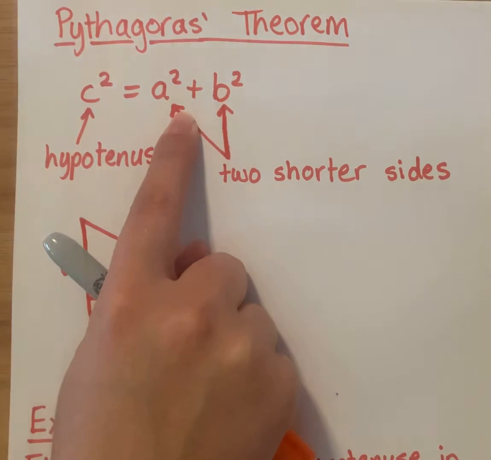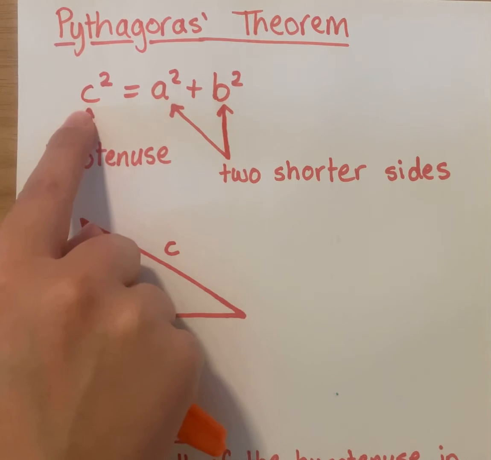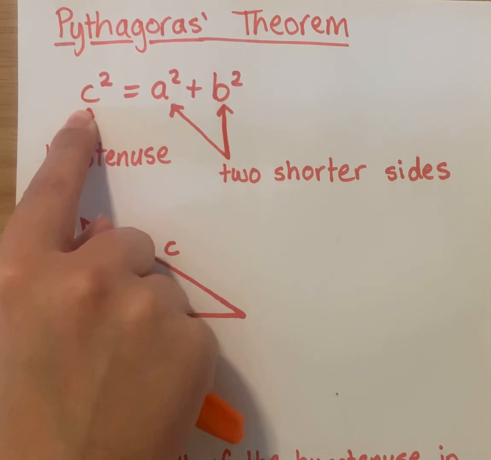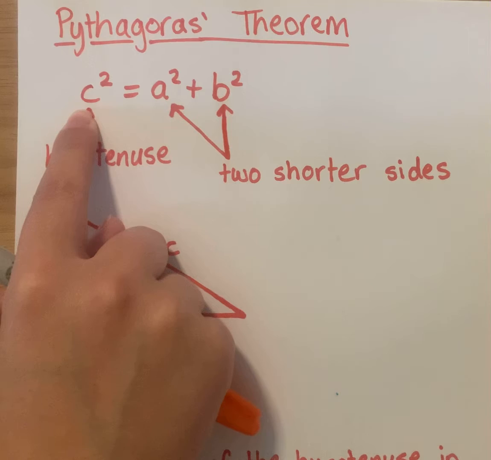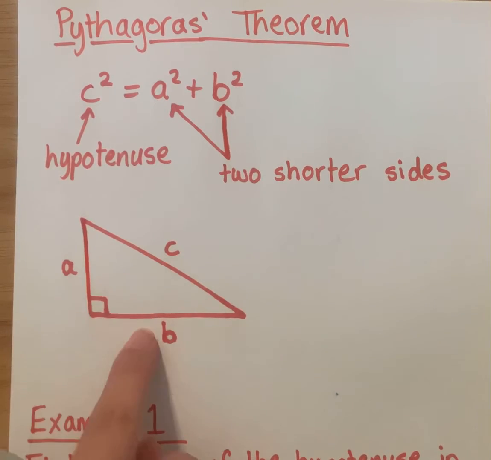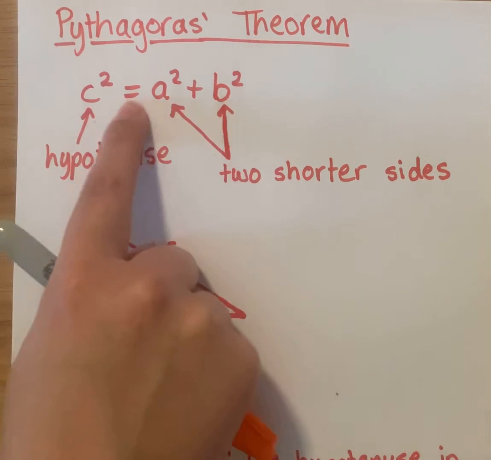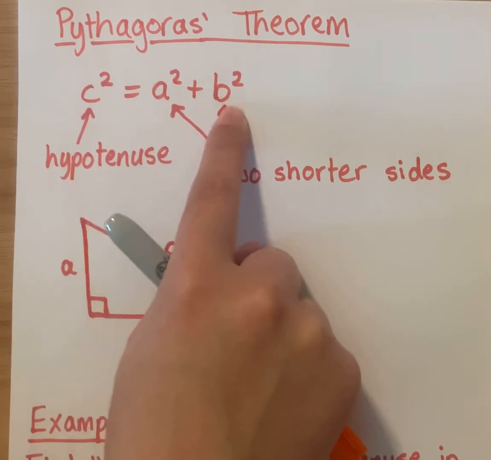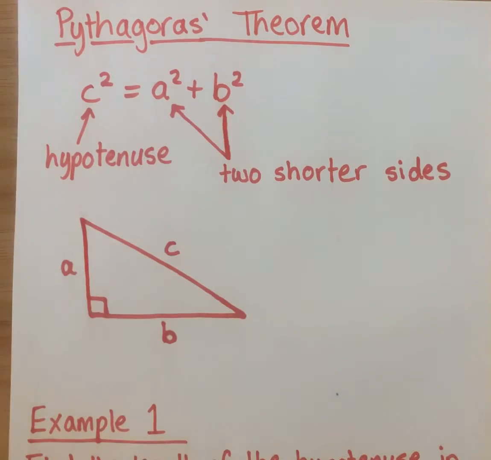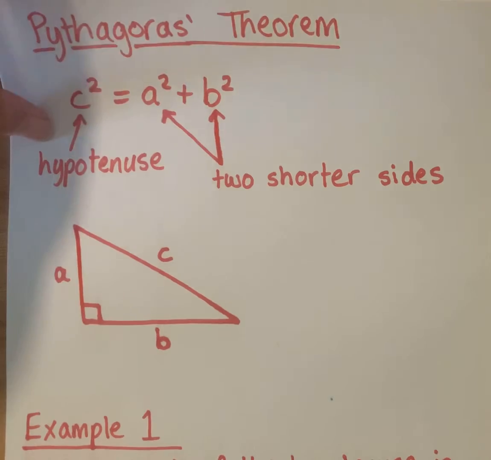So it doesn't matter which way you put those two shorter sides in, as long as your hypotenuse is over here. So if we can remember that c is the hypotenuse, a and b are the two shorter sides, and we can remember this rule here, this c squared equals a squared plus b squared, then we're good to go, all right? And we can start working with our problems.